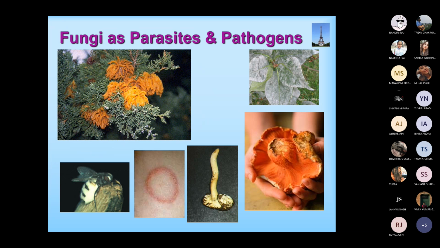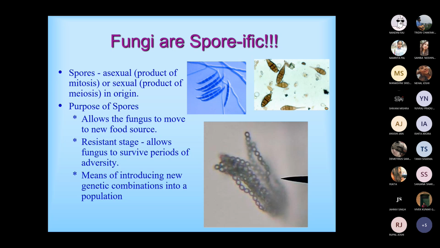They produce different kinds of spores. We all know that spores could be asexual or sexual, and they play a very important role in the movement of the fungus from one part to another.